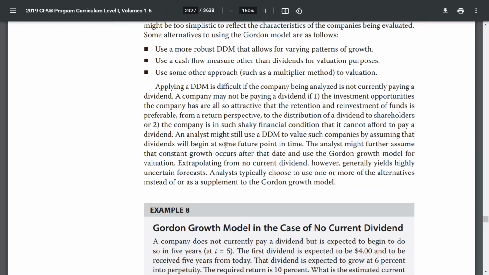Or the company may be in such a shaky financial situation that it cannot afford to pay dividends. An analyst might still use the DDM to value such companies by assuming that dividends will begin at some future point in time. The analyst might further assume that constant growth occurs after that date and use the Gordon growth model.